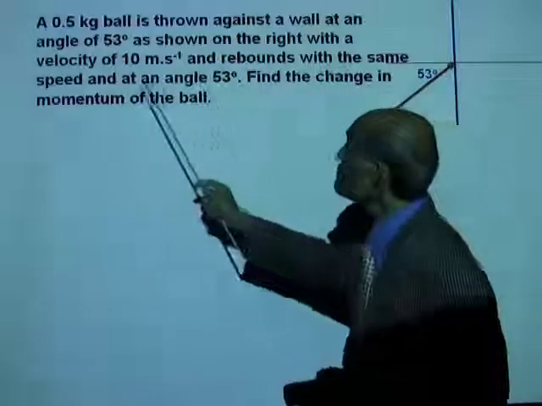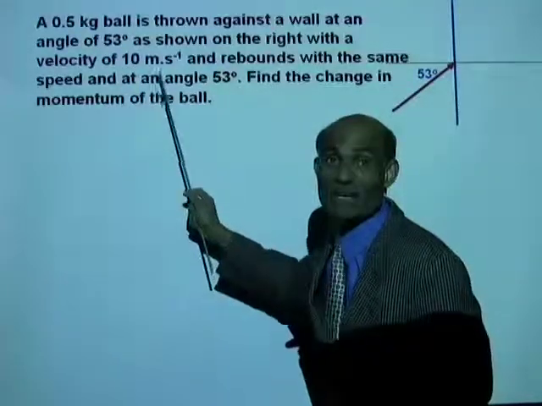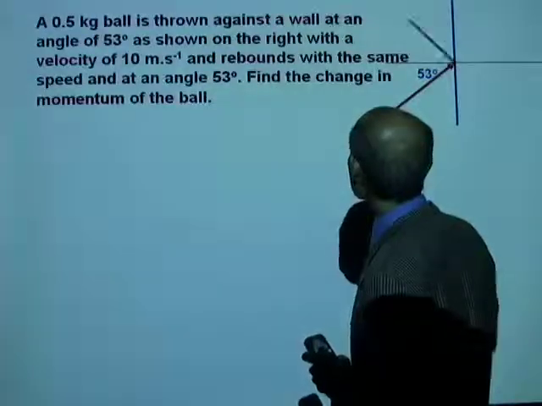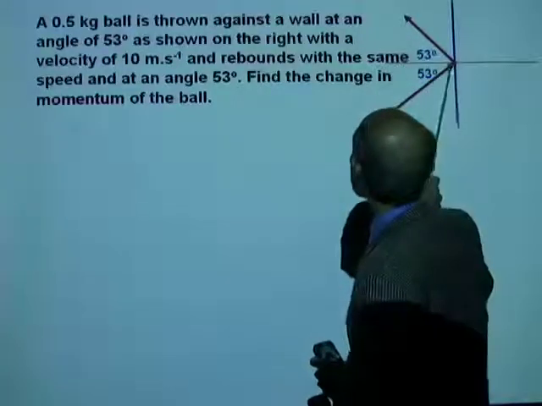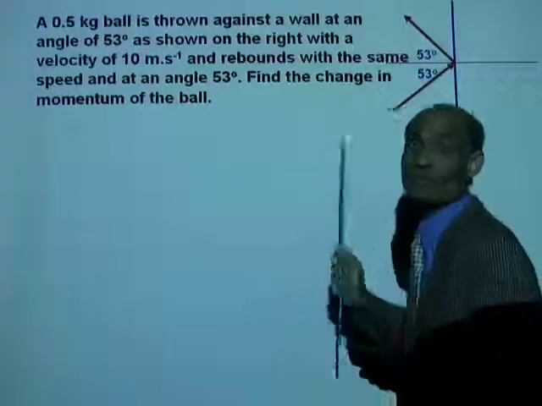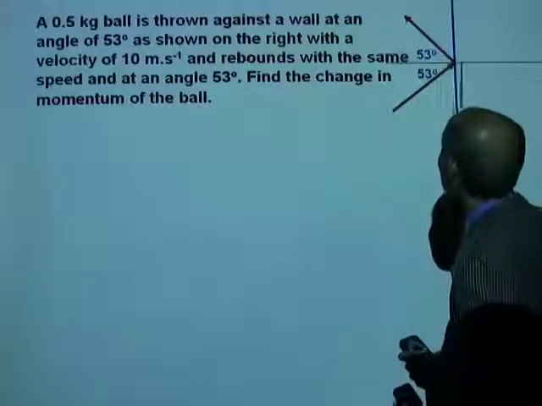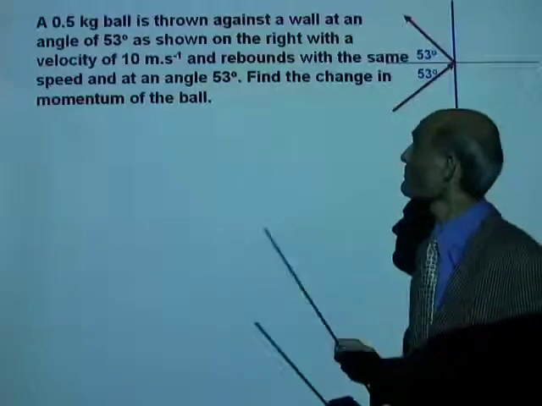It rebounds with the same speed, meaning 10 meters per second, at an angle of 53 degrees, as shown in the diagram. This is the velocity of impact, and this is the velocity of rebound.